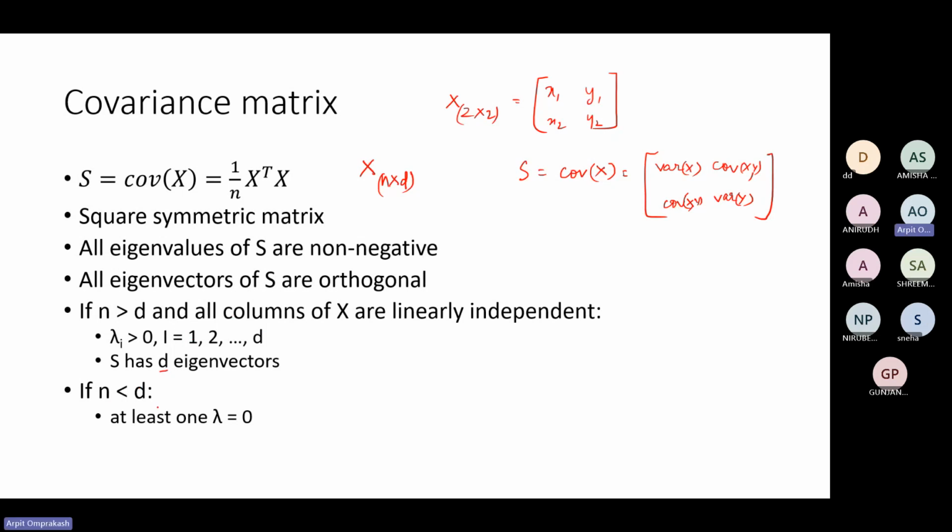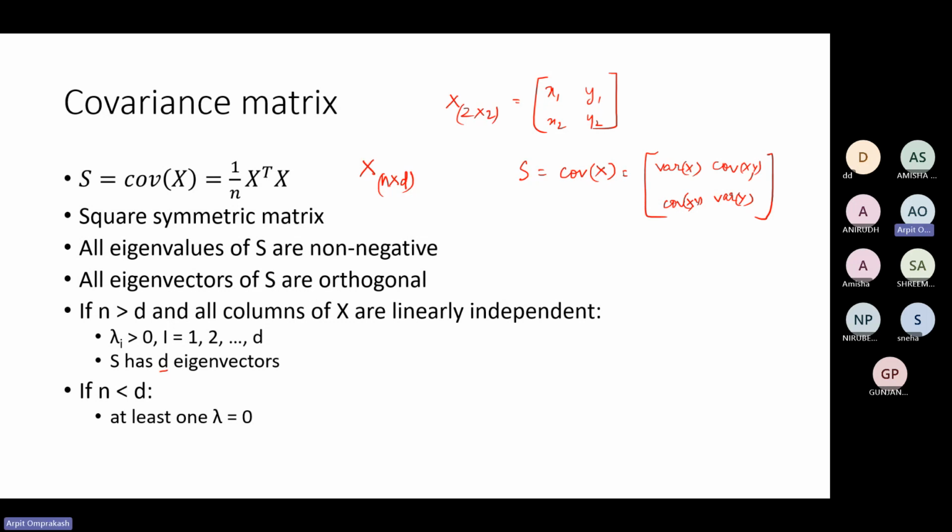And if n is less than d, so if the number of samples is less than the number of variables we have, then at least one of the eigenvalues of the covariance matrix will be 0. So these are some of the properties of the covariance matrix, and this is how we define the covariance matrix in linear algebra.